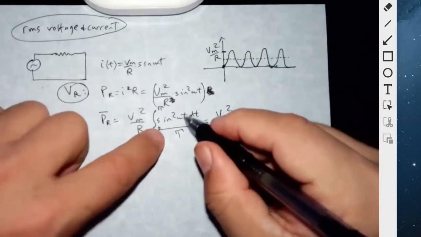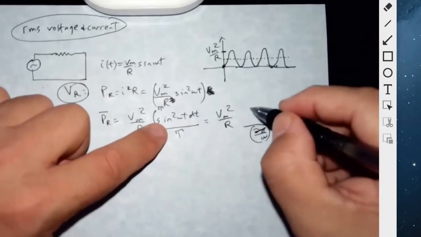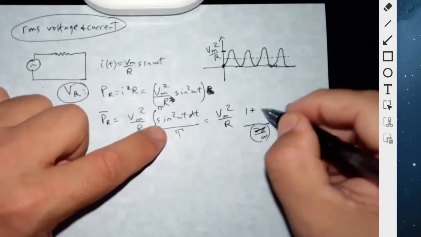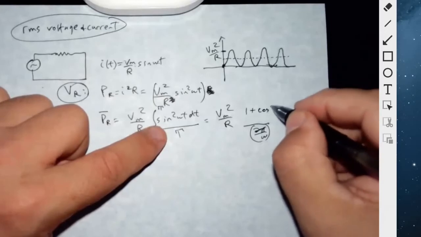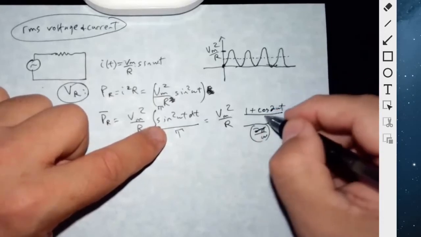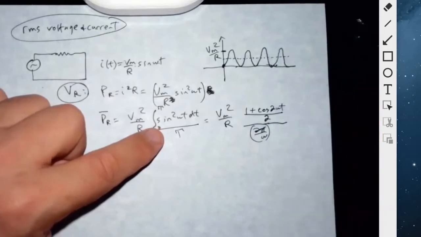And now the sine squared is going to be what? Is that the double angle formula?